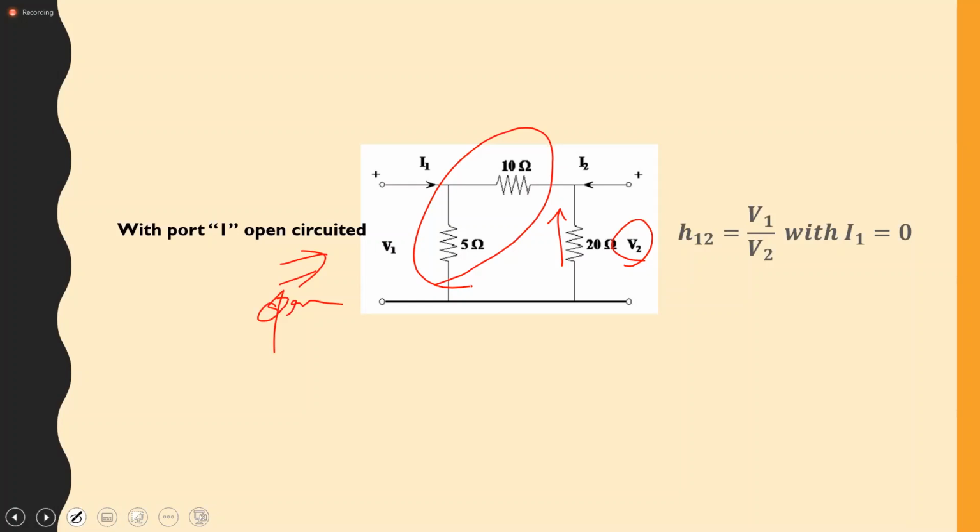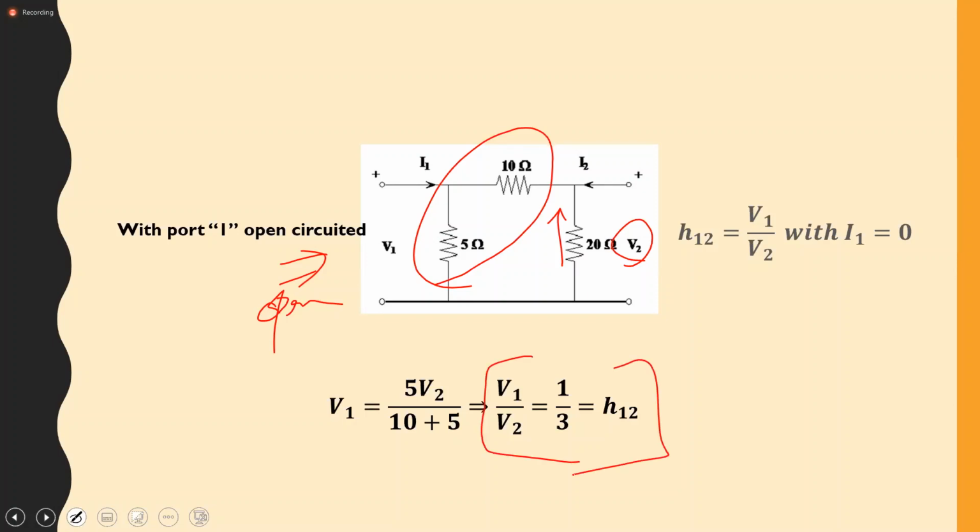If I do that, it will be 5V2 over 15. So 5V2 over 15 is equal to V1. What we are interested in is V1 over V2. So that gives me 1/3, and that would be H12.